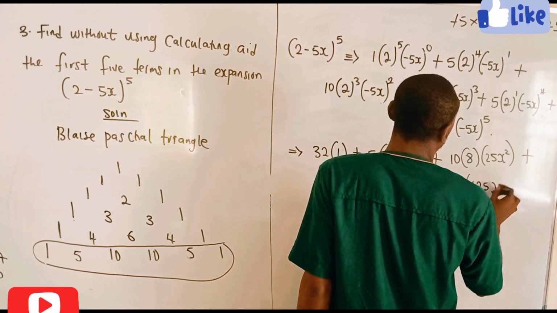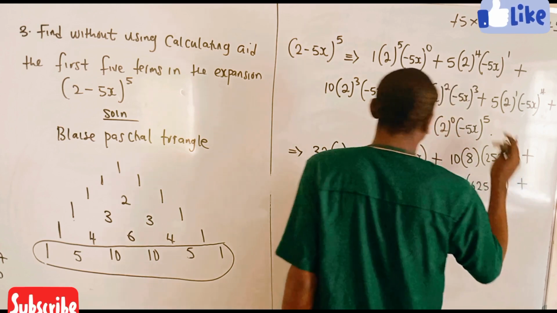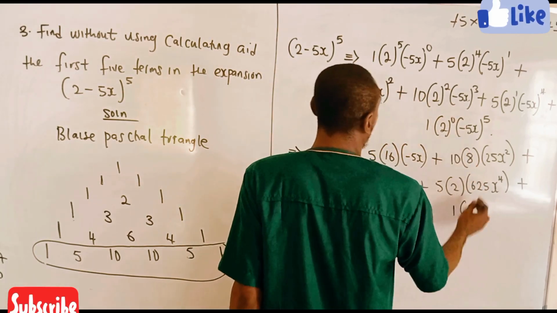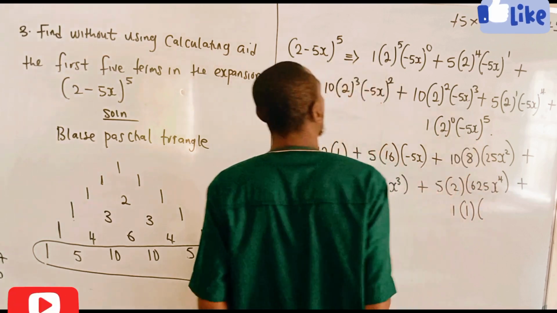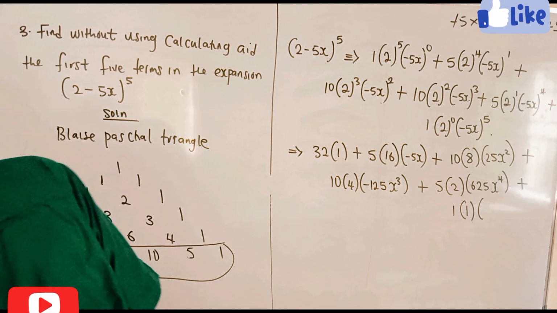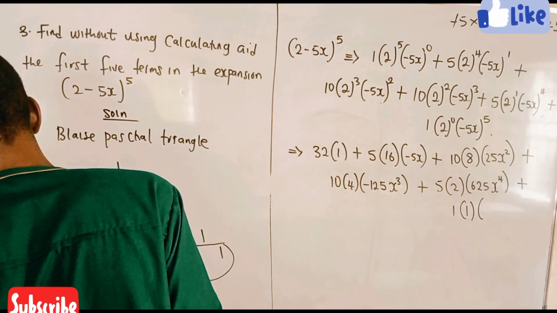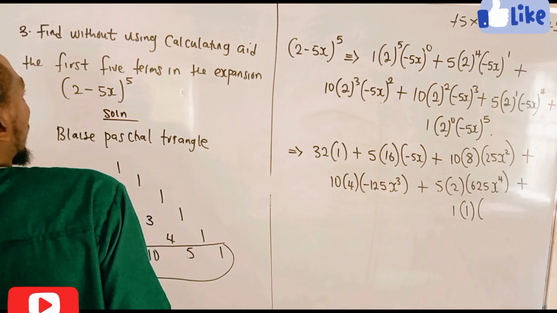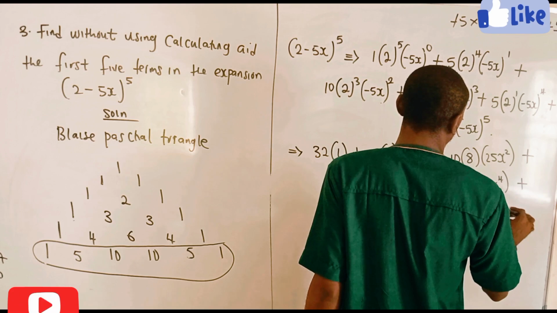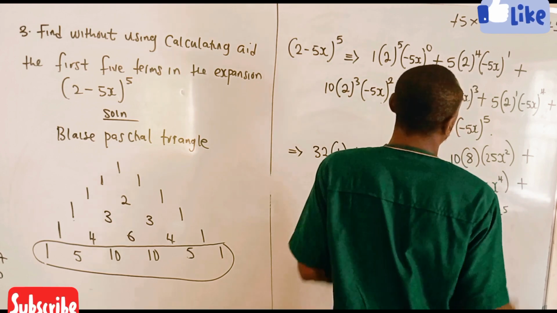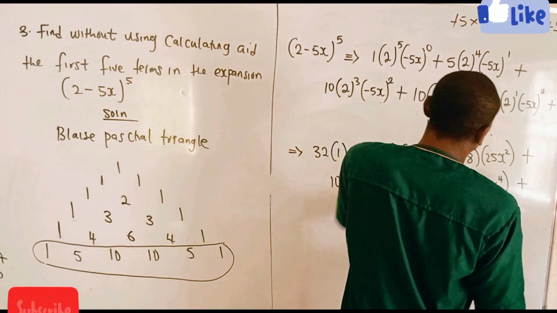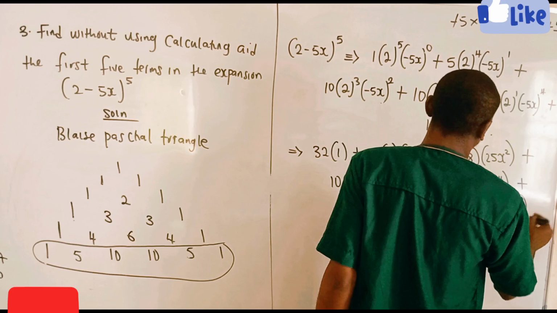Then x raised to the power 4, plus 1 times 2 raised to the power 0 is 1. Then minus 5 raised to the power 5, because the 5 as the power is an odd number, we have minus 3125. That's minus 5 raised to the power 5 is minus 3125. Then x raised to the power 5.